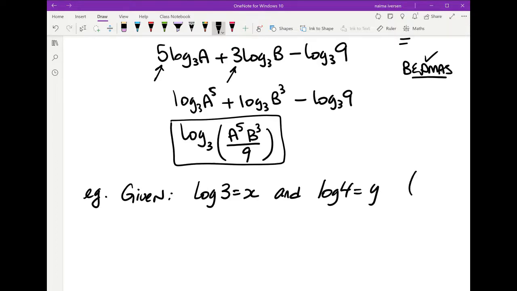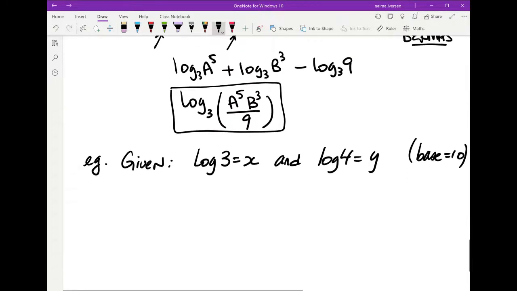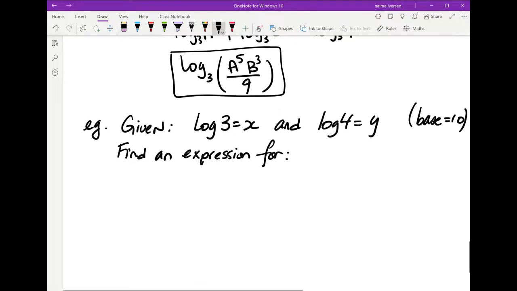Notice that the base is 10. What you want to do is find an expression for each of the following, and your expression can have x's or y's and numbers and all that kind of stuff in it. So the first thing we're going to do is find an expression for log of 9.